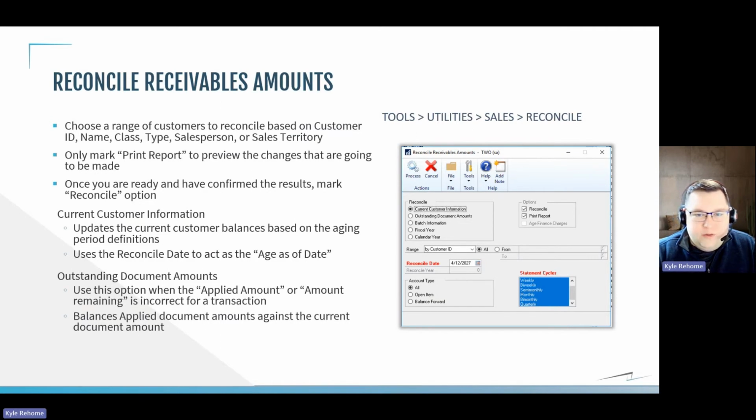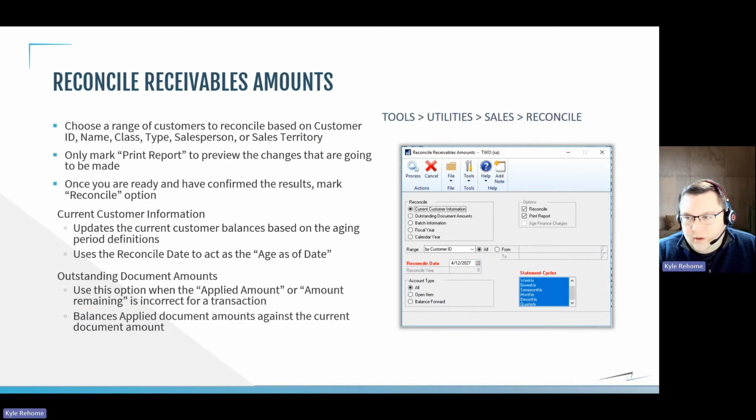Again, we have the options to be able to just print the report as well as actually reconcile. So use that to your advantage to verify the totals and the changes that we're going to be making. And then the options in this window for reconciliation, the first is to reconcile the current customer information.